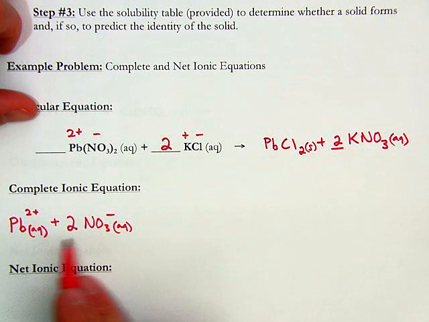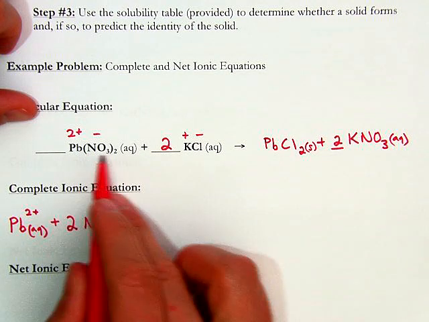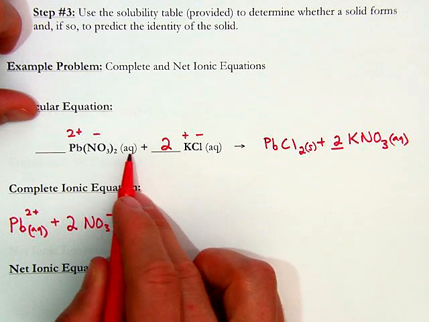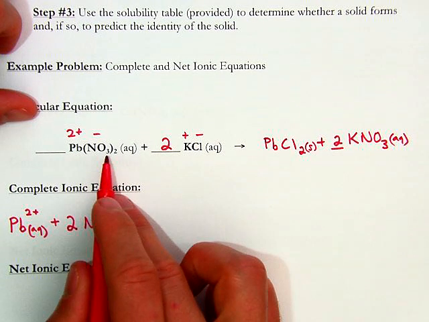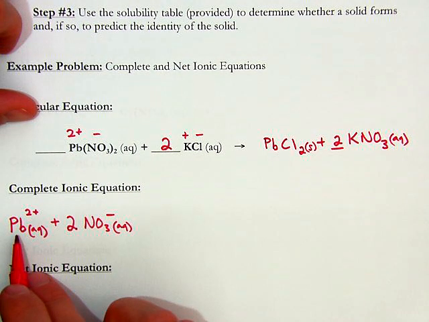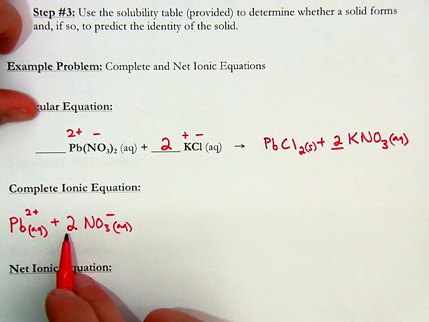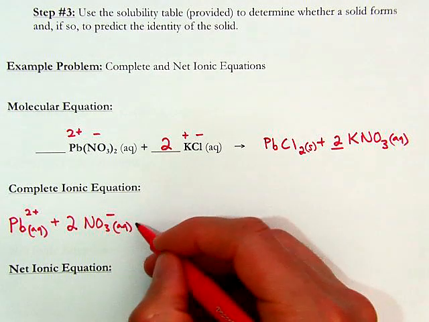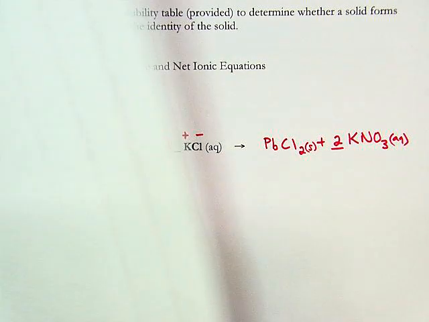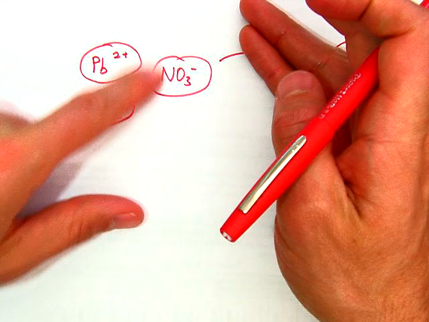So this is this broken down into its ions, right? If this is aq, meaning dissolved in solution, we're going to have a Pb, and we're going to have 2 nitrates. So we have a Pb, which has a charge of positive 2, and we have 2 nitrates, which have a charge of negative 1, right? This right here is this, right?